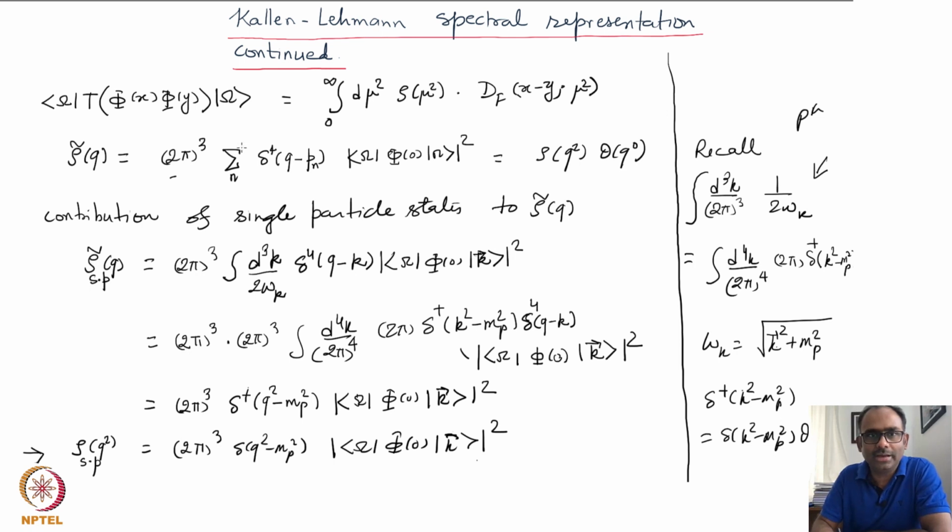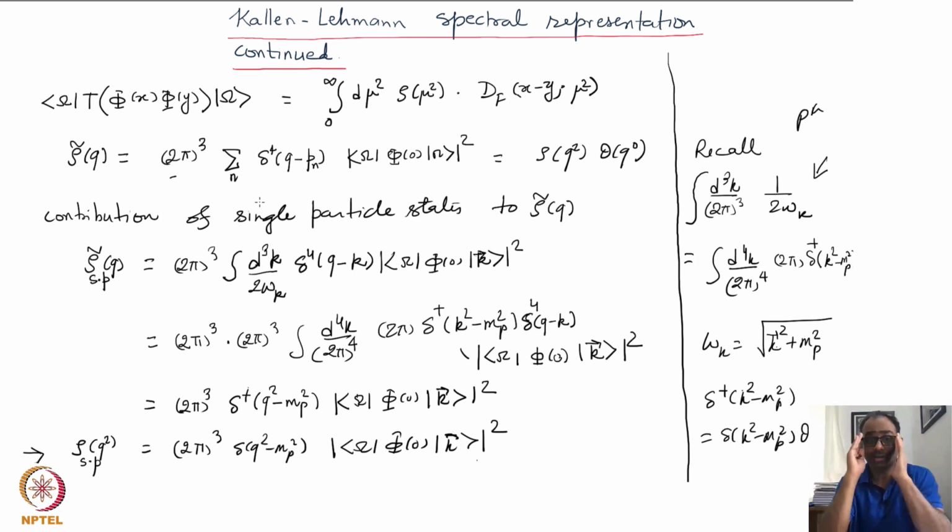Now when you look at multi-particle states, let's say a two particle state, you still have 4 deltas, but now you have an integral over d cube k1 and d cube k2. Let's say the individual momenta are k1, k2. Then when you integrate, you have a 6-dimensional integral, but the delta function is 4-dimensional, so it gets used up, and you are still left with a 2-dimensional integral.